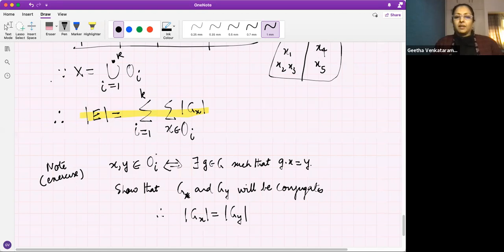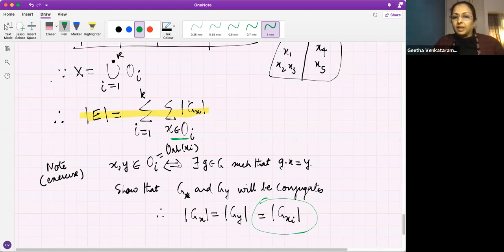And since we are taking this as the orbit of xi, this will also be equal to order of Gxi. So for every x in this orbit, the order of this stabilizer is the same, and it's nothing but order of Gxi.